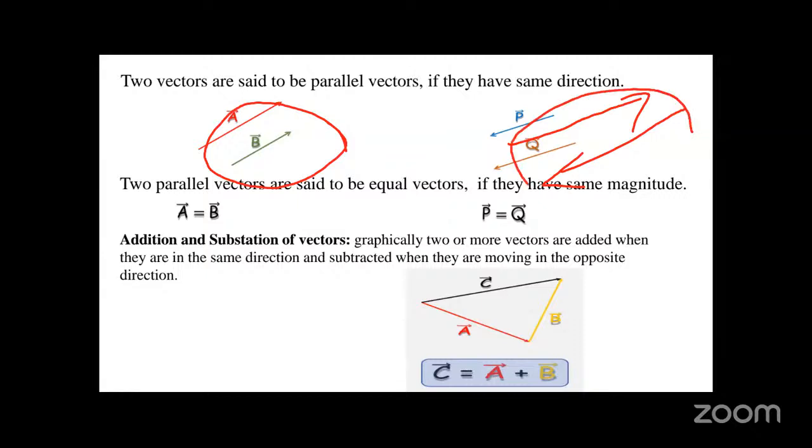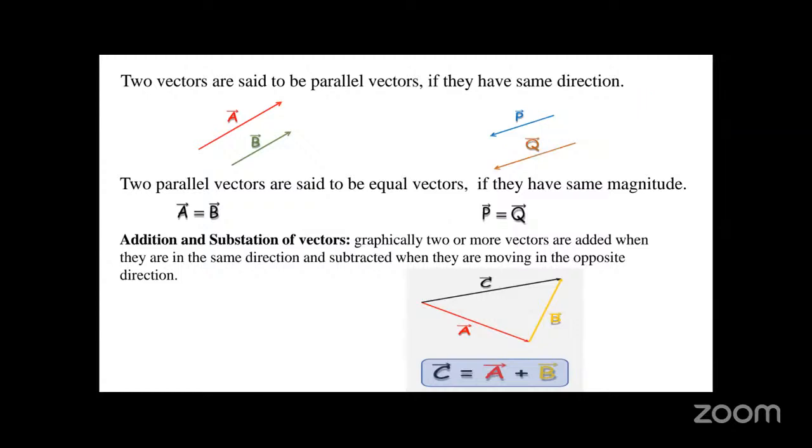When they are in the same direction, the magnitude is gotten by addition. When they are in opposite direction, the magnitude is gotten by subtraction.